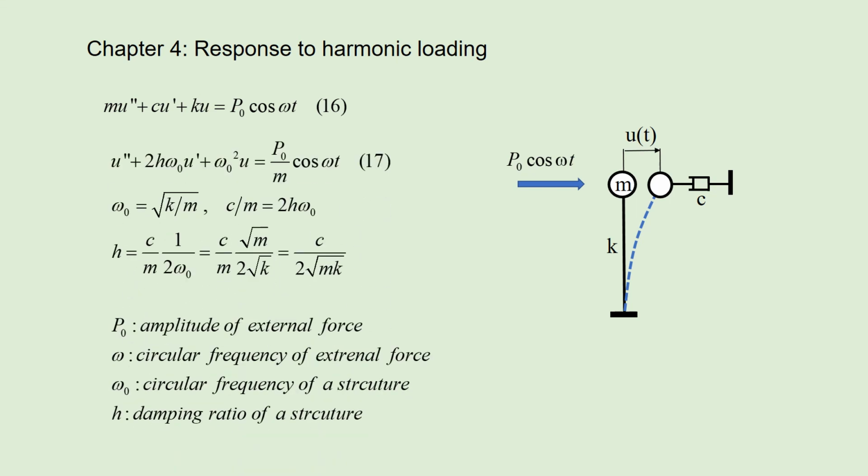To solve this differential equation, let both sides divide by m, equation 17. It is important to understand that omega 0 is the natural circular frequency of the structure and omega is the frequency of exciting force.